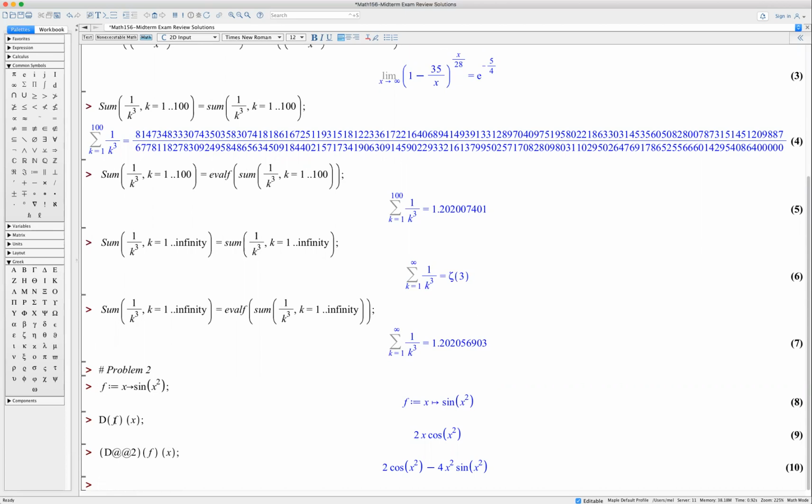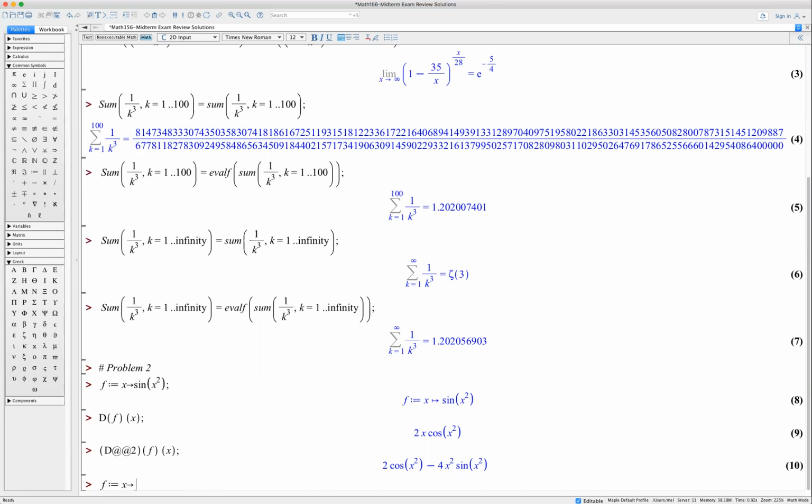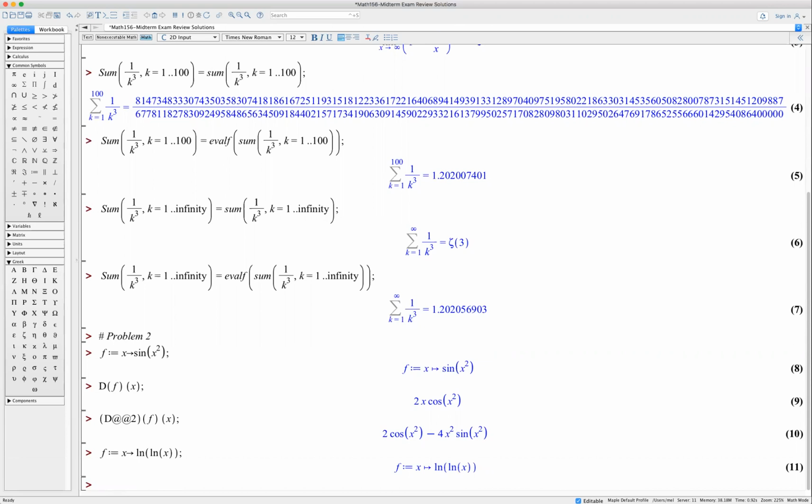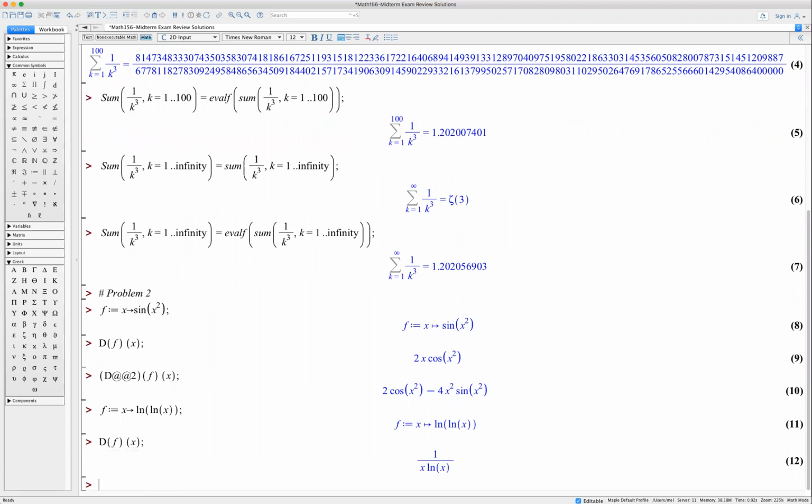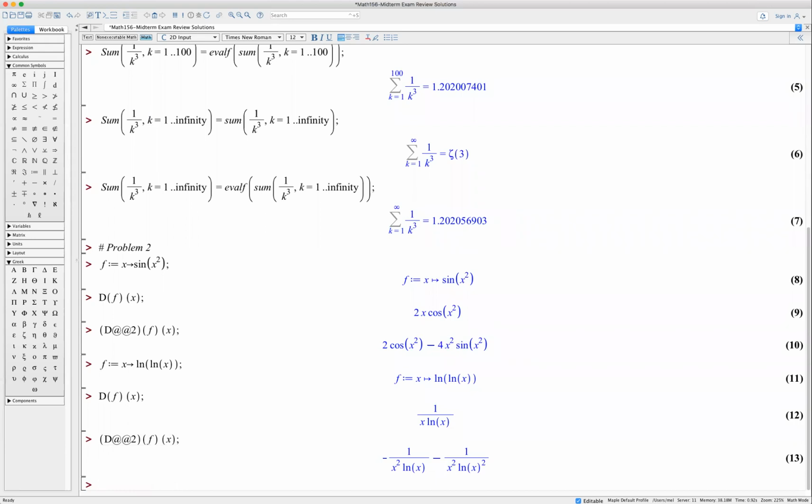Let's do another one. Suppose we let f be x goes to the log of x. So this function has this as its first derivative. And that's the second derivative. And so on. They're all the same.